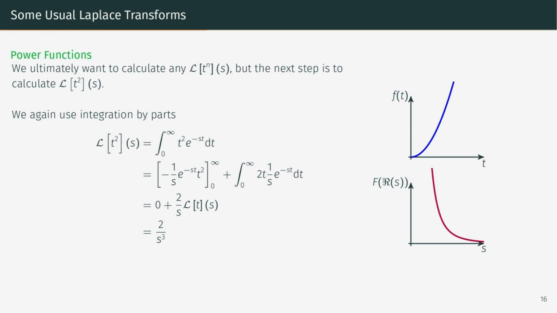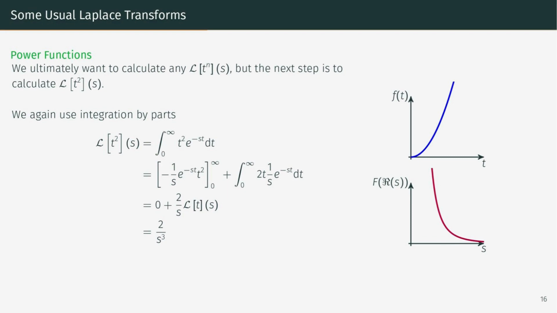Then, using integration by parts, we get negative 1 over s e to the negative st t squared from 0 to infinity plus the integral of 2t times 1 over s e to the negative st dt from 0 to infinity.